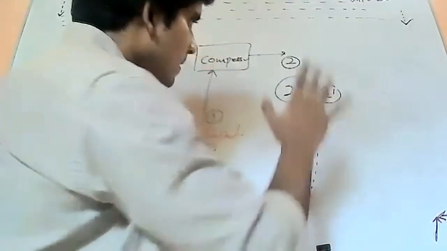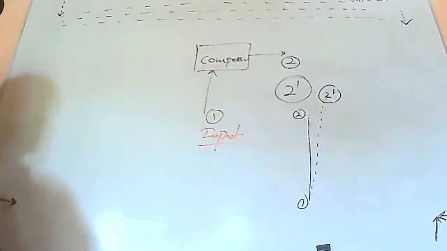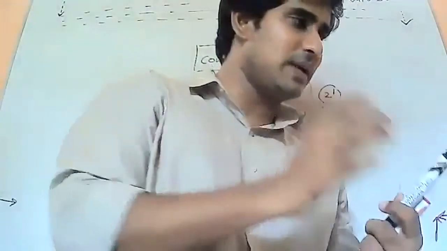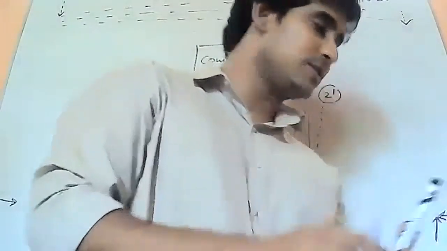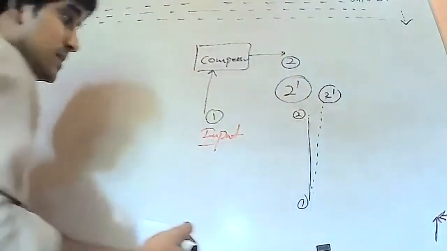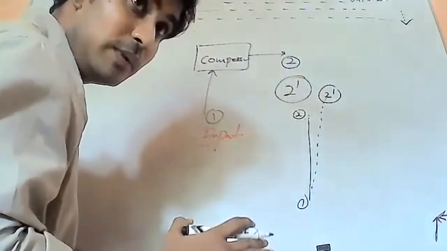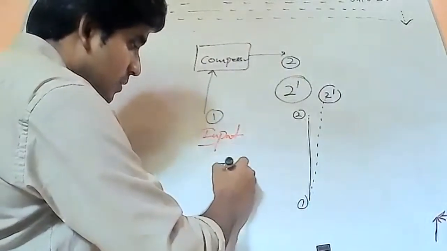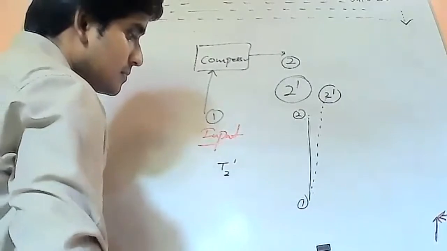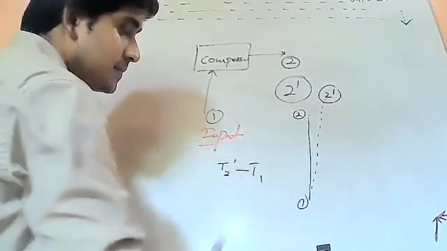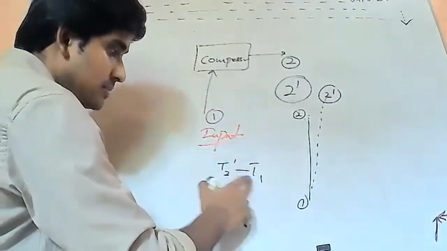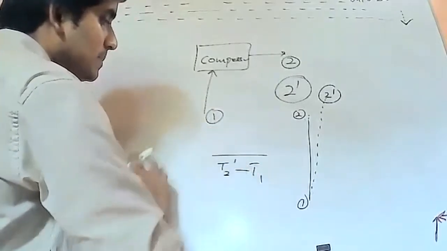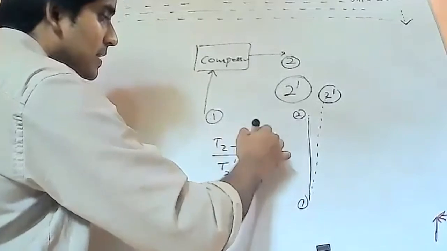Okay, done. So now simply the efficiency is the ratio of that. That means that we are going to obtain a kind of a relationship. So this is the efficiency. So usually the denominator should be higher, right? So T2 dash minus T1, then upstairs T2 minus T1.